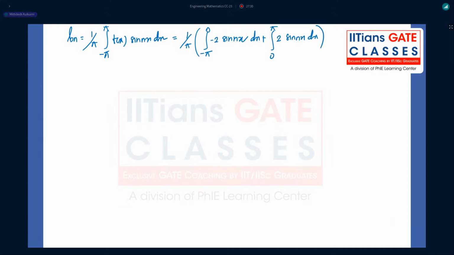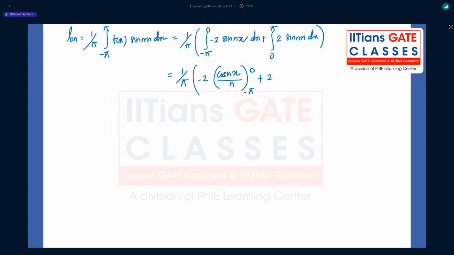And now let's simplify this. 1 upon pi minus 2 as it is. Integration of sine nx is cos of nx divided by n. Putting the limit minus pi to 0 plus 2 as it is.